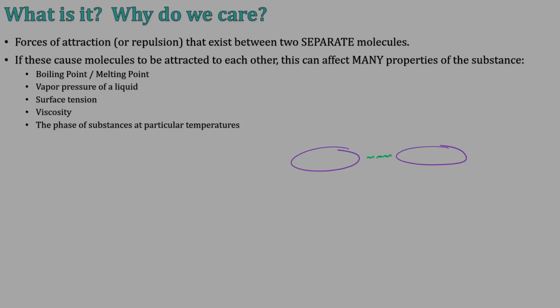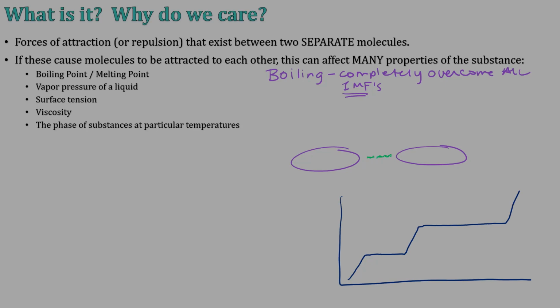When we boil something, we have to completely overcome all of the intermolecular forces. So intermolecular forces are IMFs. So none can exist then. So that's why a lot of the time with boiling, or if you've seen a heat curve, where this is temperature, and down here is energy.